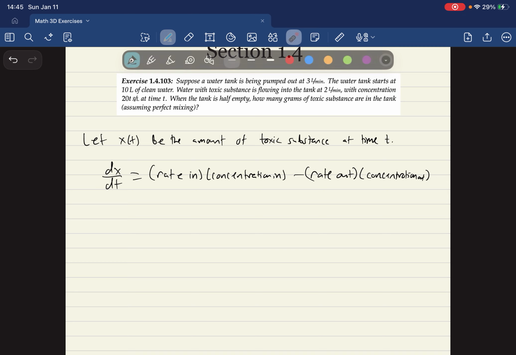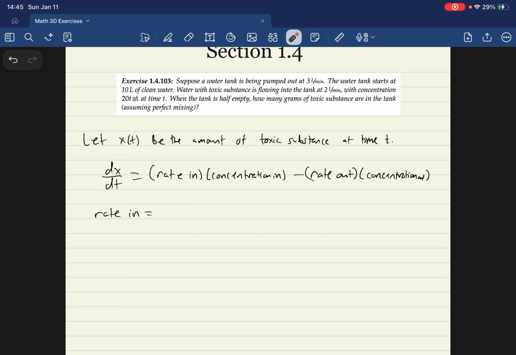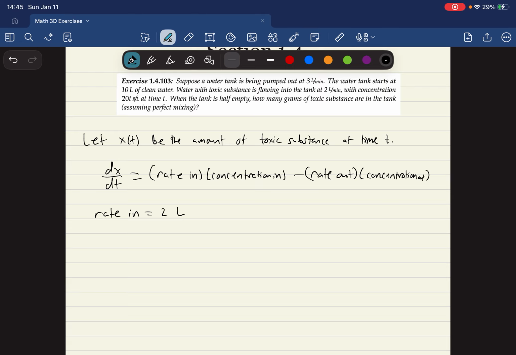Now, the first three are easy. We're given that the rate in is 2 liters per minute. That's the amount of water with toxic substance flowing into the tank. The concentration in is also given.